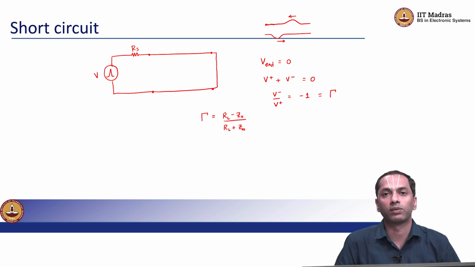Right? So you don't have to remember whether gamma is plus 1 or minus 1 for short circuit or open circuit. It should be quite obvious to you.